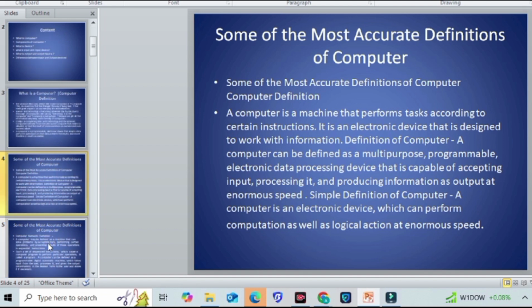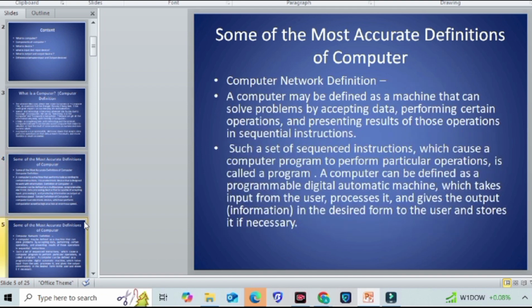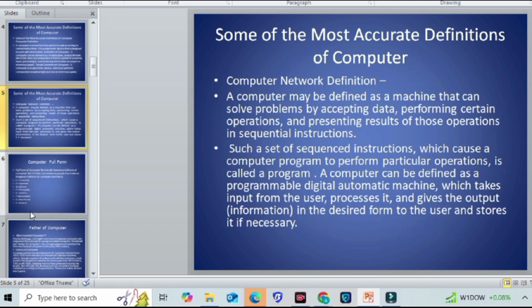Simple definition of computer: A computer is an electronic device which can perform computation as well as logical actions at enormous speed. A computer may be defined as a machine that can solve problems by accepting data, performing certain operations, and presenting the results of those operations in sequential instructions.